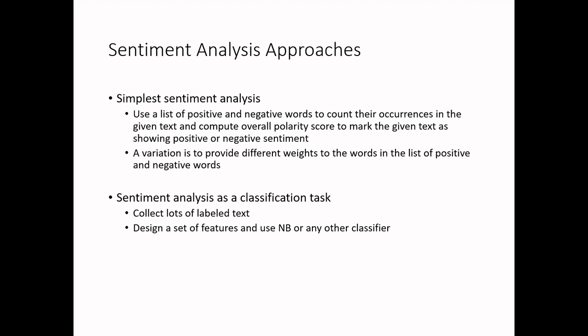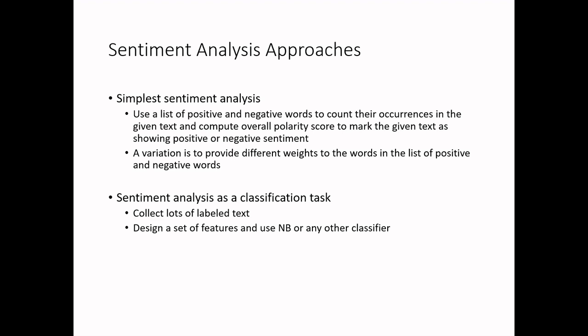All you have to do is, when you get a piece of text that you want to classify in terms of sentiment, basically tokenize it into words. See whether the words from the list that you have are present there or not.